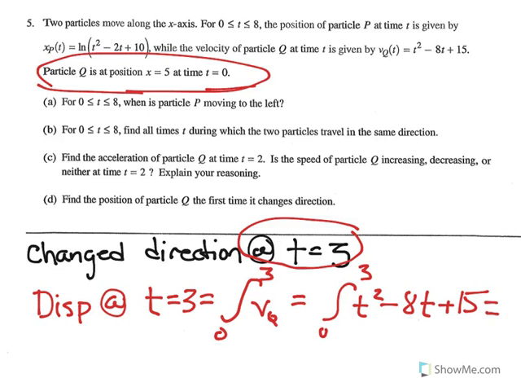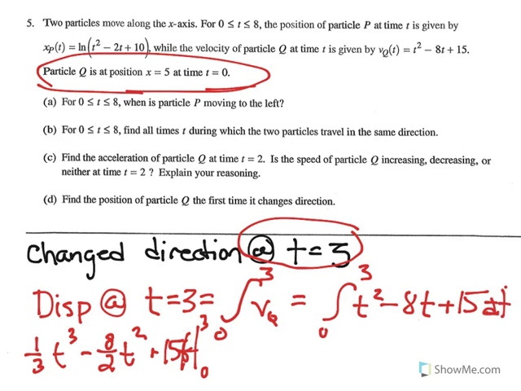So I've written this integral out, and now they're actually going to have me integrate this one. So it's going to be 1/3 t to the third minus 8 over 2 t squared plus 15t, from 0 to 3.